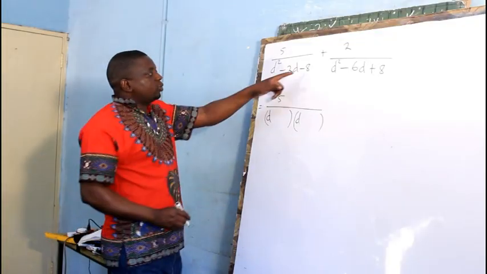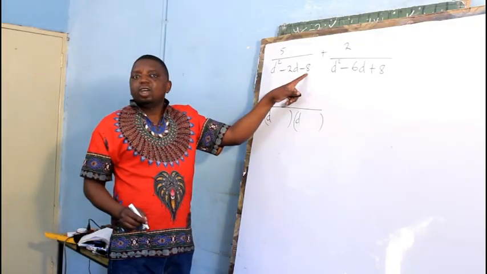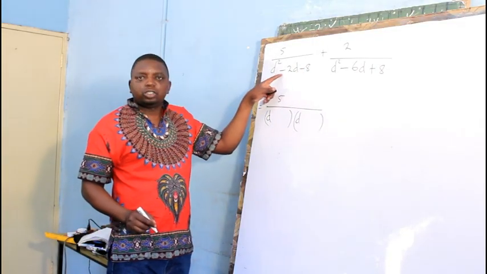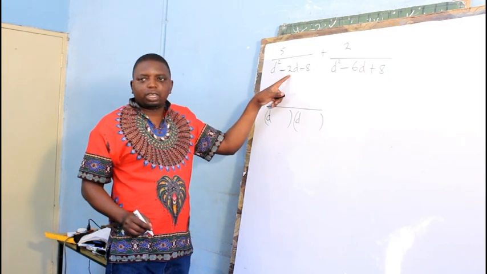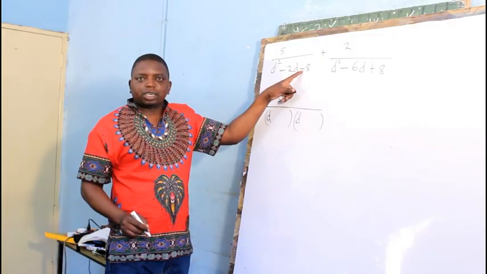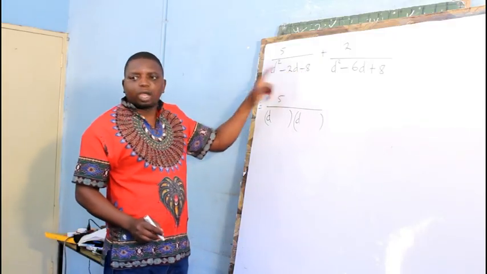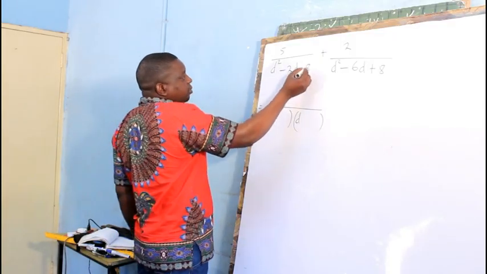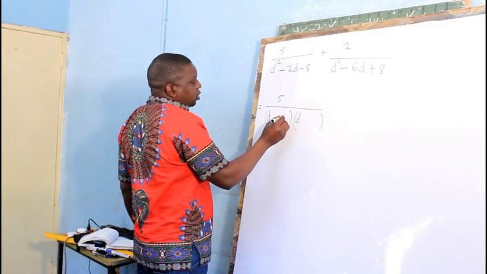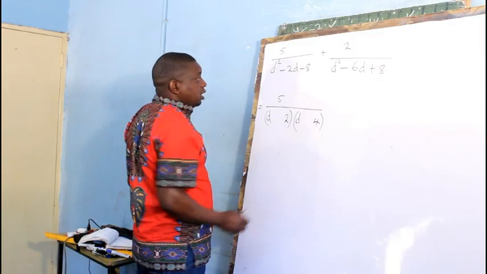We find the two factors of 8 which, when subtracted, give 2. The factors of 8 are 2 and 4.